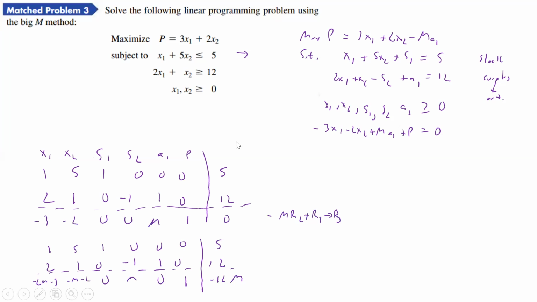That's going to be on the next page. All right, so then we move to the next page. Here we have x1, x2, s1, s2, a1, P, and then we have s1, a1, and P.